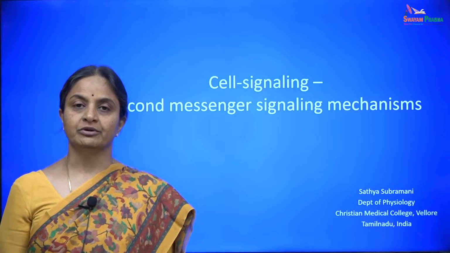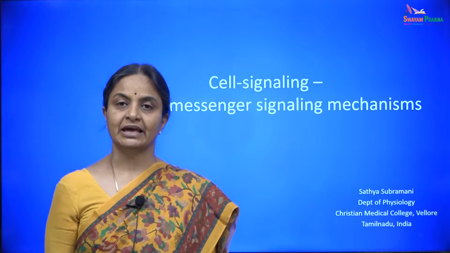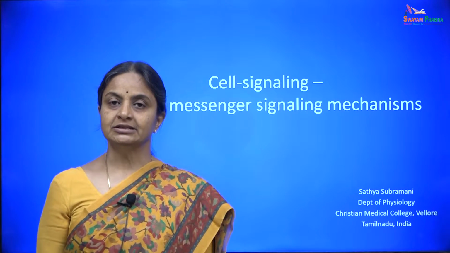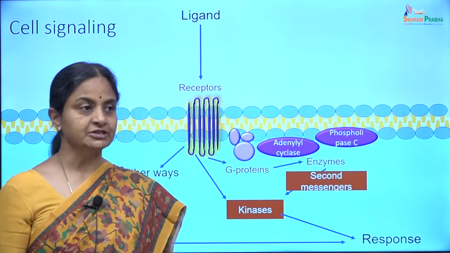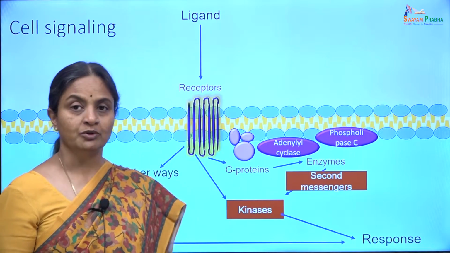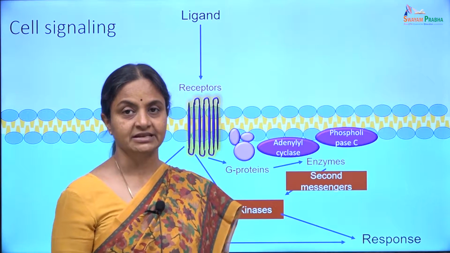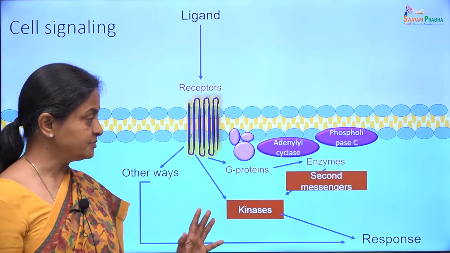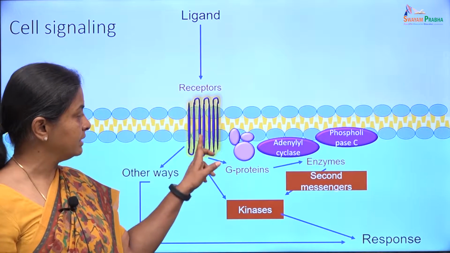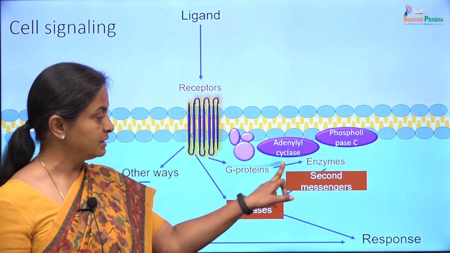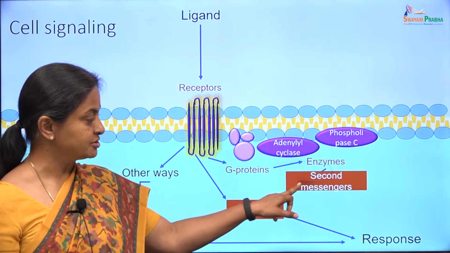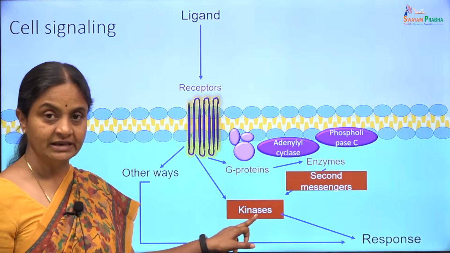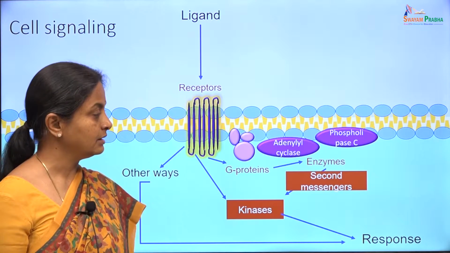The module in progress is cell signaling mechanisms. We will consider a special subset of signaling mechanisms, what we refer to as second messenger signaling mechanisms. Of all these mechanisms, we are going to consider ligand binding to receptor, elaborating second messengers through G-proteins, which finally activate kinases.